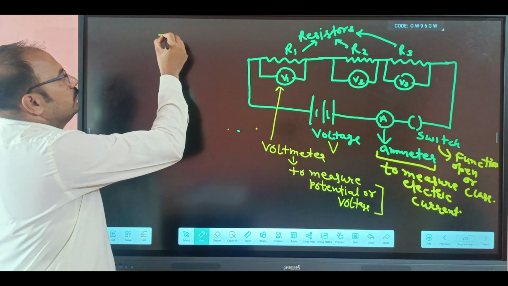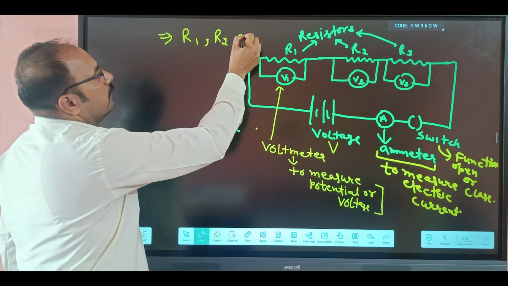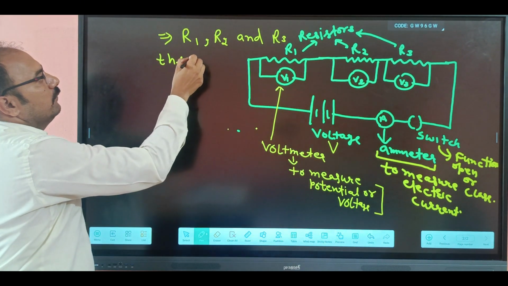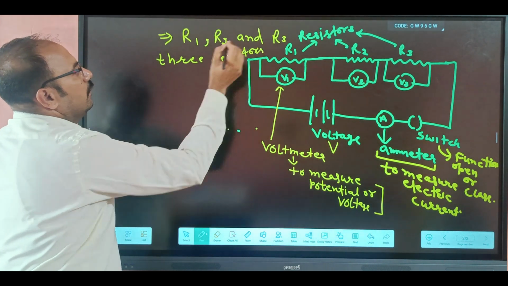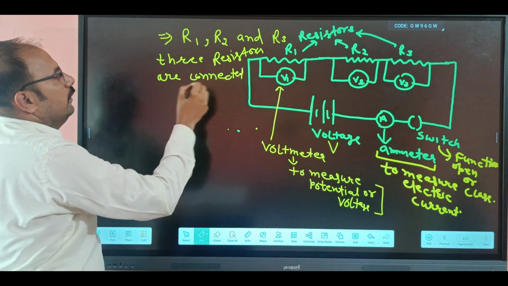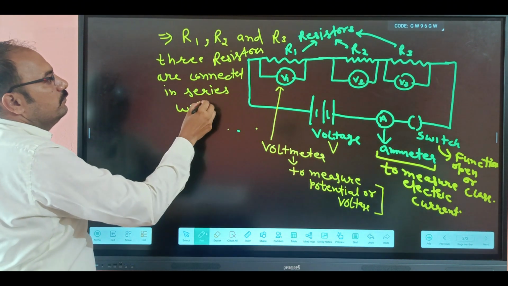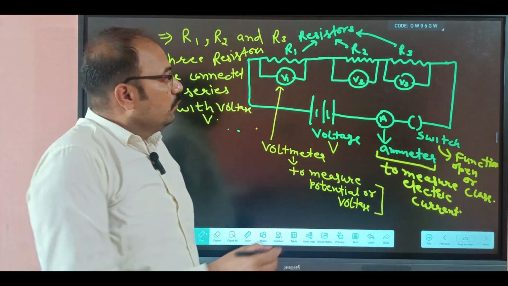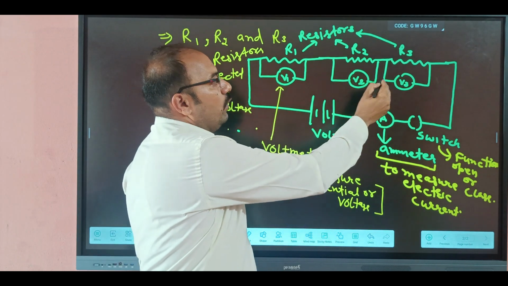So we write here R1, R2 and R3, three resistors are connected in series with voltage V. So here the total voltage V is divided into three parts, V1, V2 and V3.